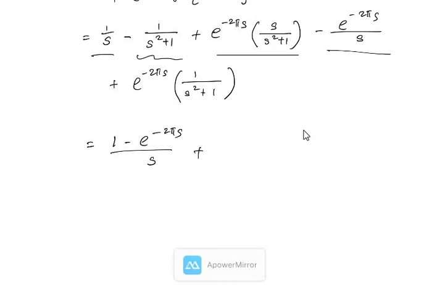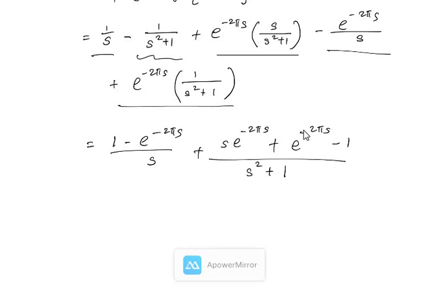So you get s e to the negative 2 pi s plus, this one also, e to the negative 2 pi s minus 1, divided by s squared plus 1. So that's all for this question, and that's how to solve the question using the second shift theorem and also the unit step function.